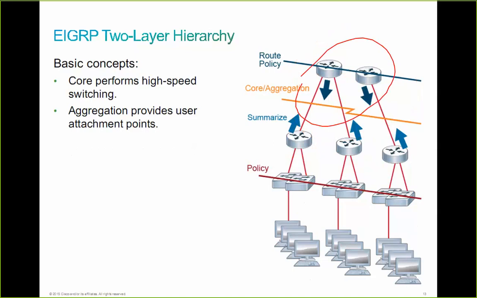Oh, the routes, you mean, what kind of routes? Yeah, what kind of routes are being pushed down, right? That's policy driven, right? If I'm going to allow all the routes to be advertised towards the edge, or only some of the routes to be advertised towards the edge, all right?